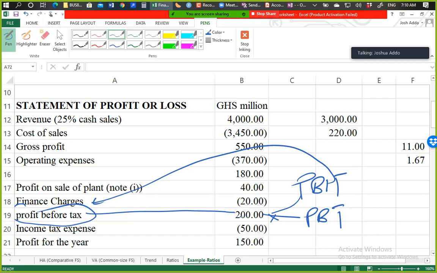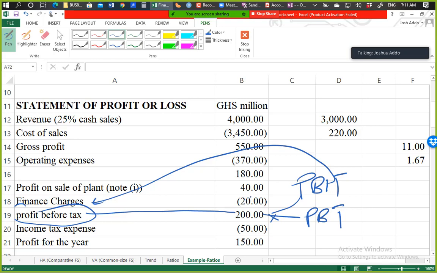To make this one before interest, we have already subtracted the interest from our profit to get this 200. So to get it before interest, we have to add the interest back. It is already before tax. We have not yet charged tax because tax is 50 below the 200. But we have already charged interest, and we want before interest charge.